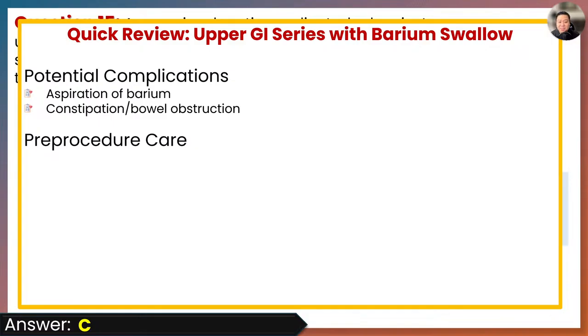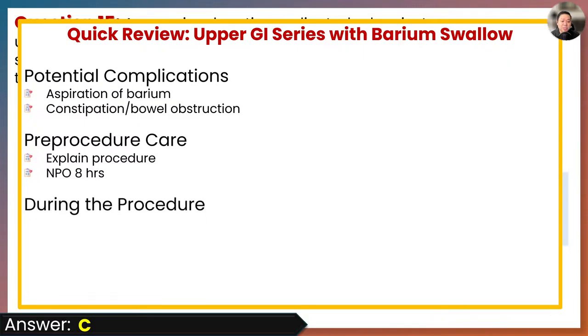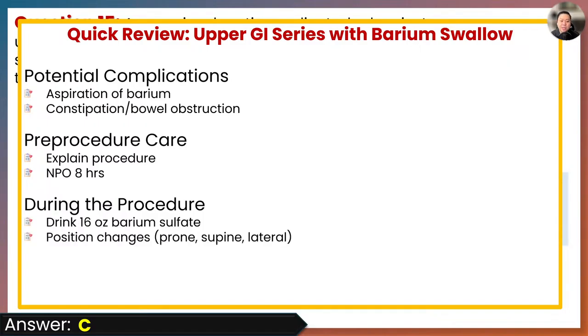They might feel some discomfort from the position changes or the barium drink, and make sure that they are placed NPO for at least 8 hours before the test, after midnight, right? And during the procedure, they're supposed to be drinking 16 ounces of the flavored barium solution, which can feel a bit chalky.